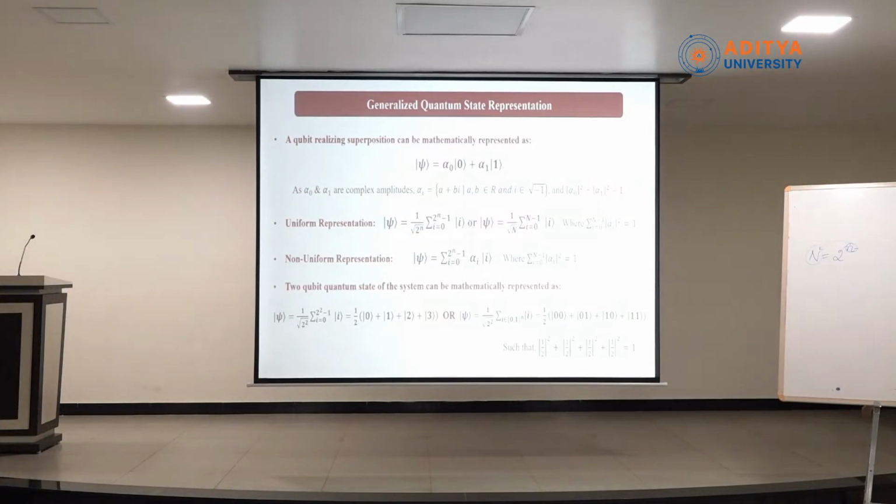Understood? Now listen, on the uniform representation, this is the 2-qubit quantum state of the system. Mathematically it can be represented as 1 by 2 raised to the power 2, where this loop goes from 0 to 2 raised to the power 2 minus 1. It means 1 by 2 of 0, 1, 2 and 3.